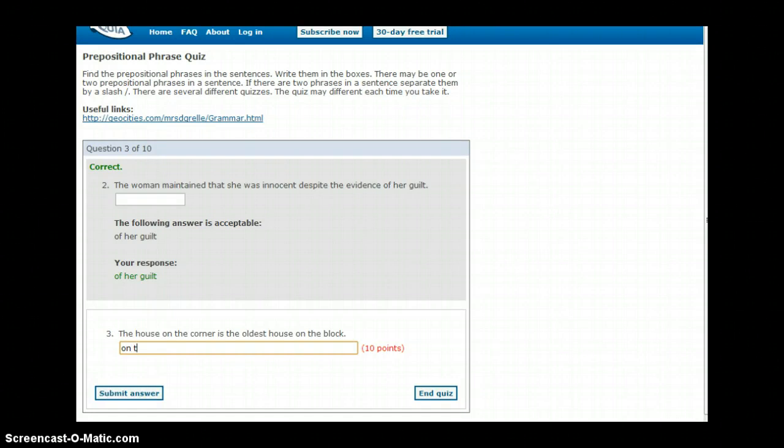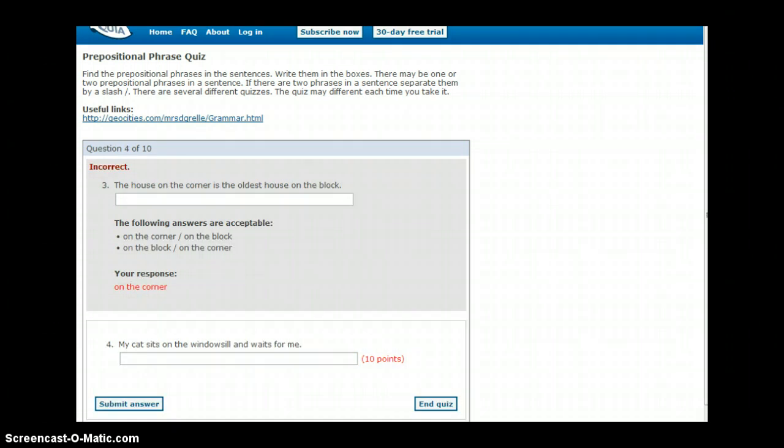There are two, so let's see if they count on the corner, because it also is on the block. Yeah, so we could have said on the corner or on the block. I didn't realize they would accept both, but both are prepositional phrases. My cat sits on the windowsill and waits for me. On the windowsill is where the cat sits.